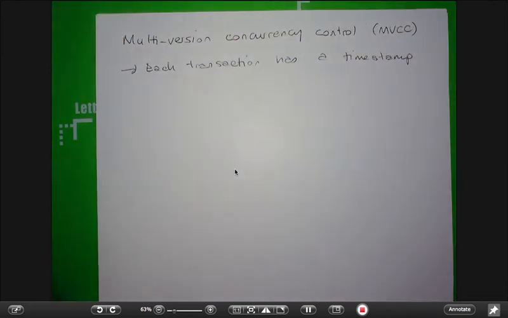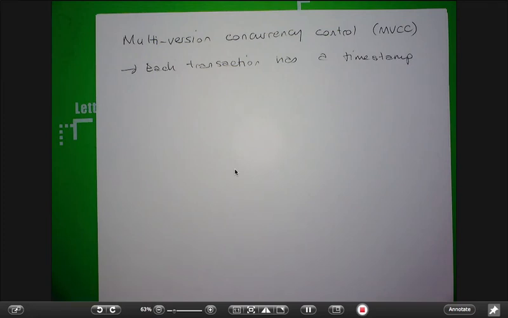Okay, so this is important. Once I have a reliable timestamp, I am going to be very permissive. I'm not going to lock anything. I'm going to assume that at the time you start your transaction, everything that was committed at that time is stuff you can read. So you're always making sure you're reading committed information.